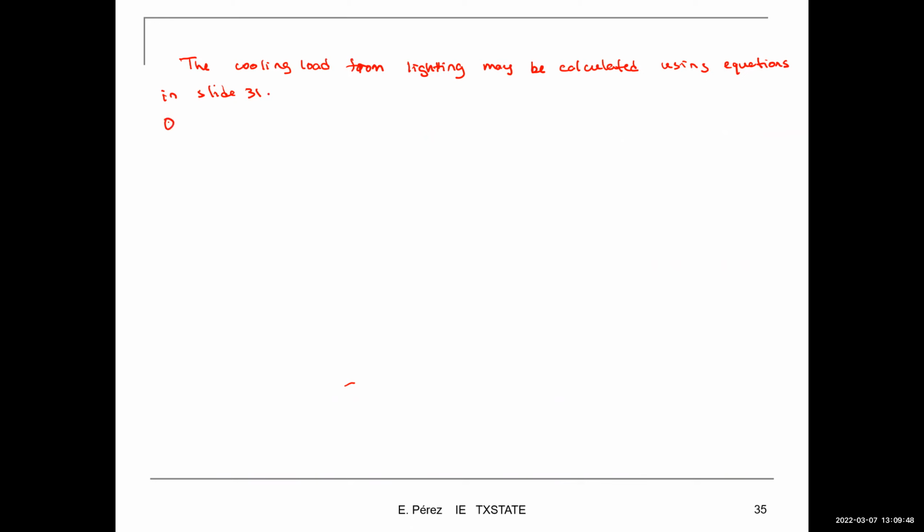So Q lighting, this is fluorescent. It's going to be equal to the number of luminaries, 575, but we have 2 lights in each of these luminaries, so it's times 2. The watts is 60.